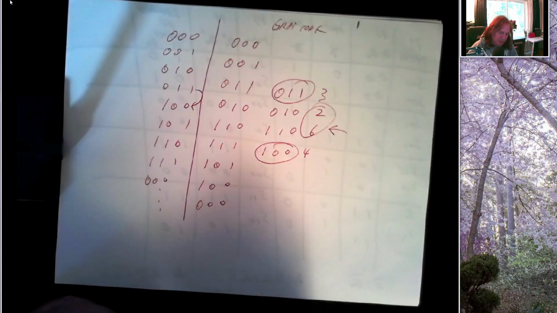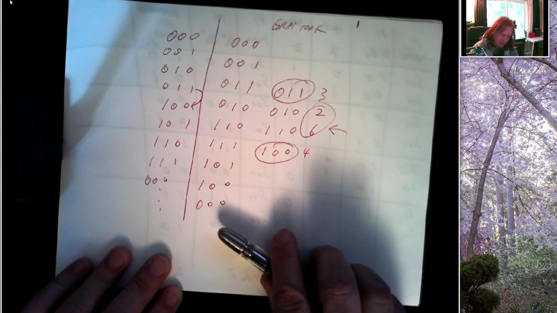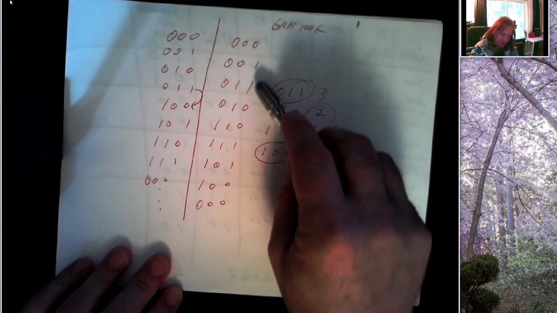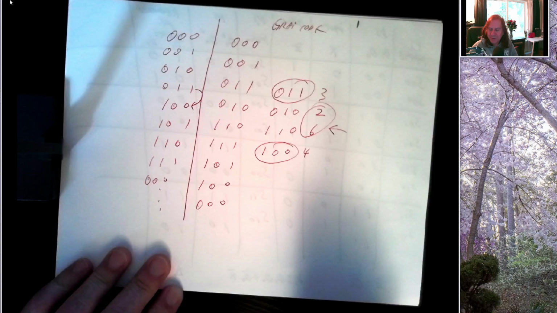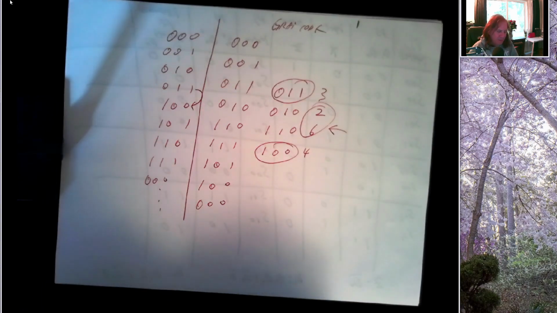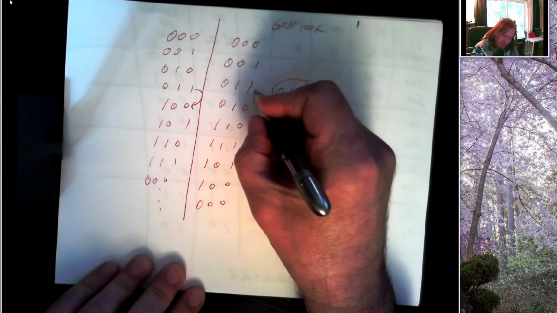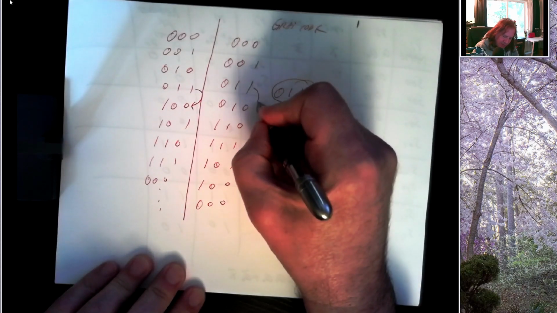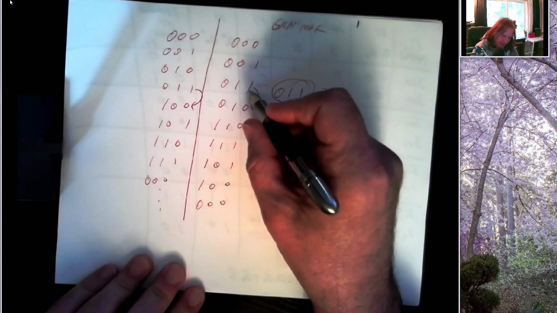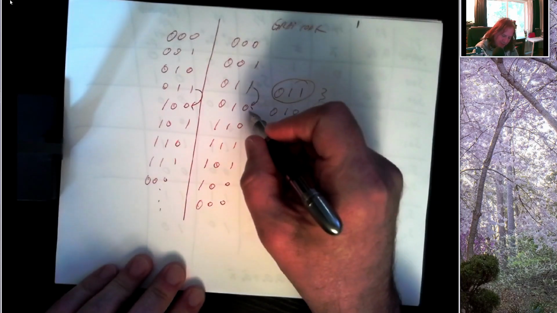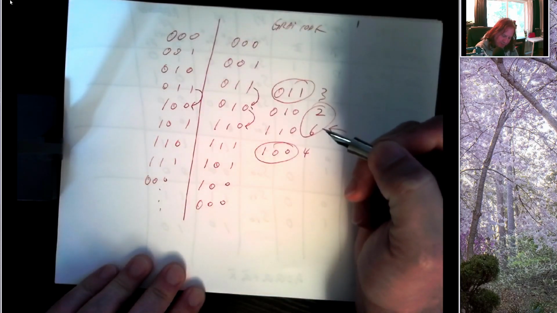Alright, so we still have all 8 combinations of 3 bits, but it's a funny order: 0, 1, 3, 2, 6, 7, 5, 4. But what's nice about the gray code is that anytime we move from one number to the next, only a single bit changes. From here to here, there's only this least significant bit changing. From here to here, there's only the most significant bit changing.